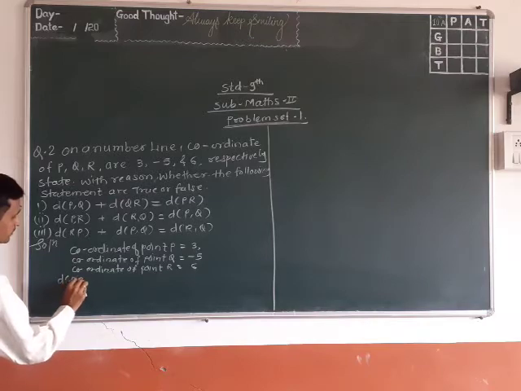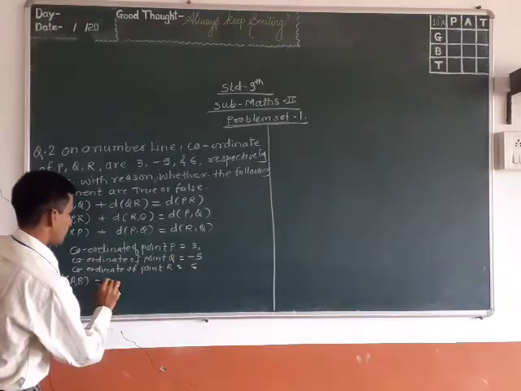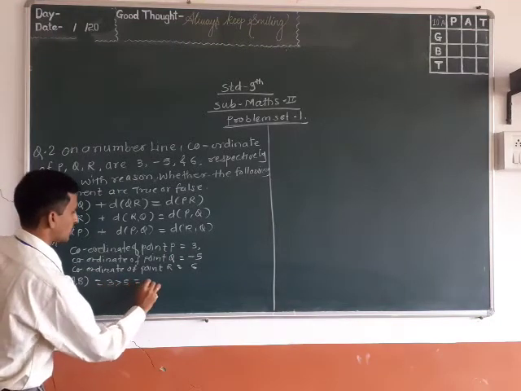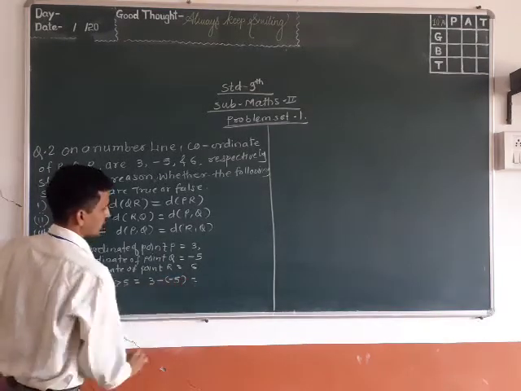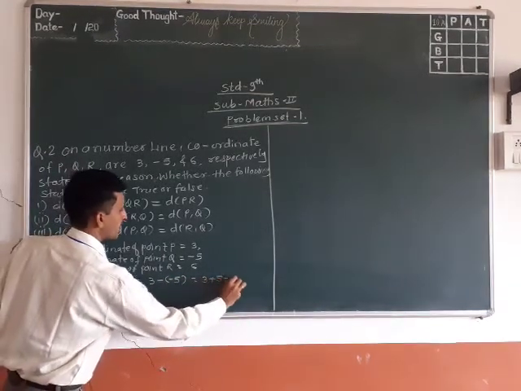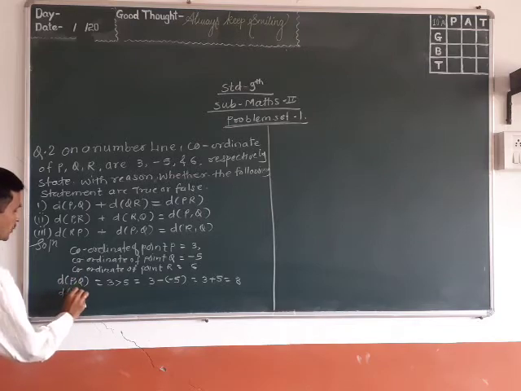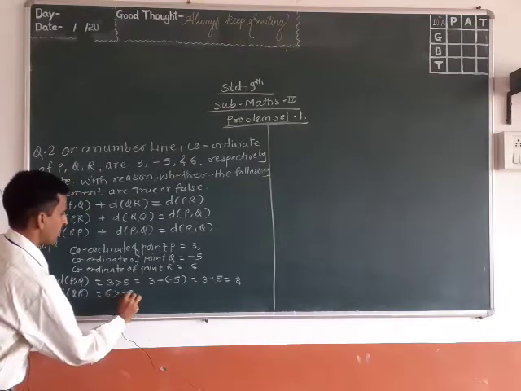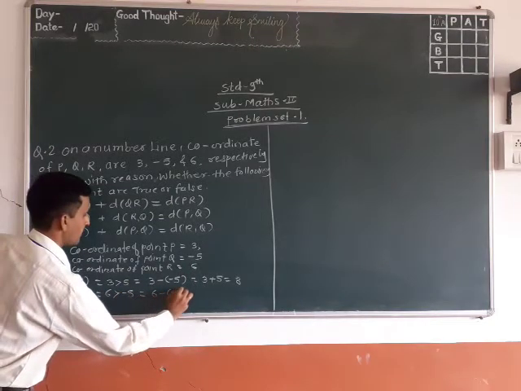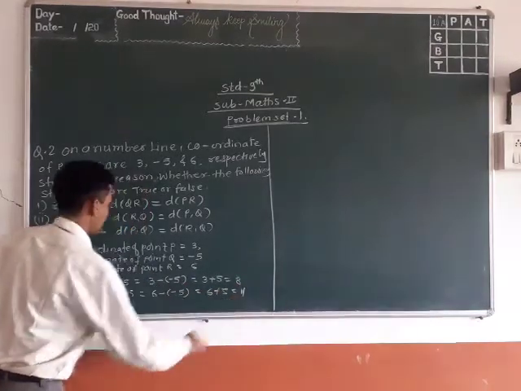Distance PQ: 3 is greater than -5, so distance PQ is equal to 3 minus (-5), is equal to 3 plus 5, is equal to 8. Distance QR: 6 is greater than -5, so 6 minus (-5) is equal to 6 plus 5, is equal to 11.